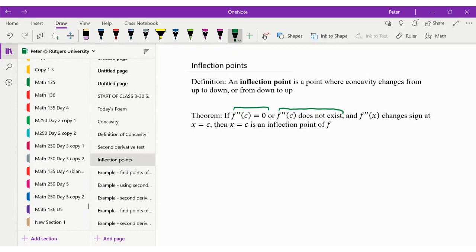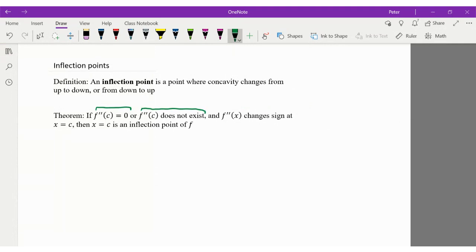I don't believe our textbook uses that term, so this is just kind of an unnamed concept. It's a place where concavity might change, but unlike critical points, it doesn't really have a name. So you just kind of have to remember the concept.